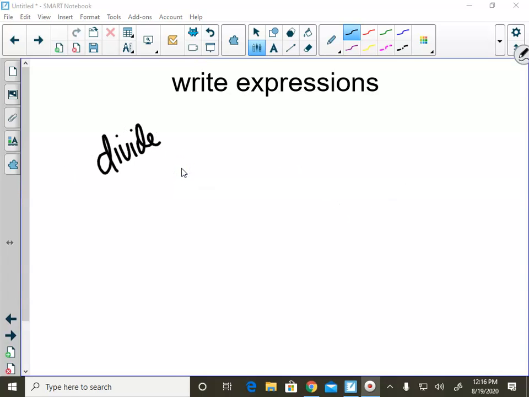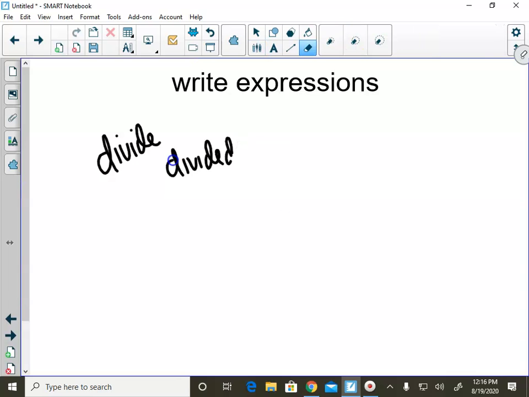And finally, we're going to look for words that mean to divide. So we could use divide, divided by, broken up equally.